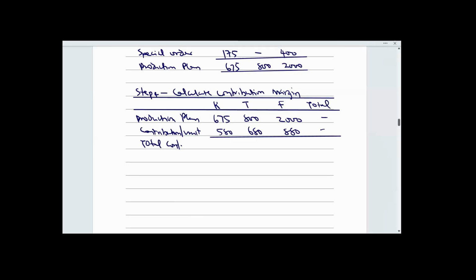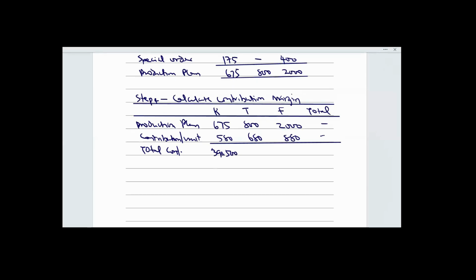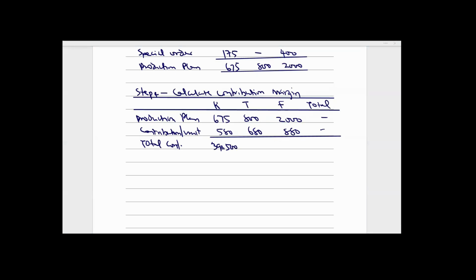So 675 multiplied by 580. That's 391,500. Then for T, 800 multiplied by 680.